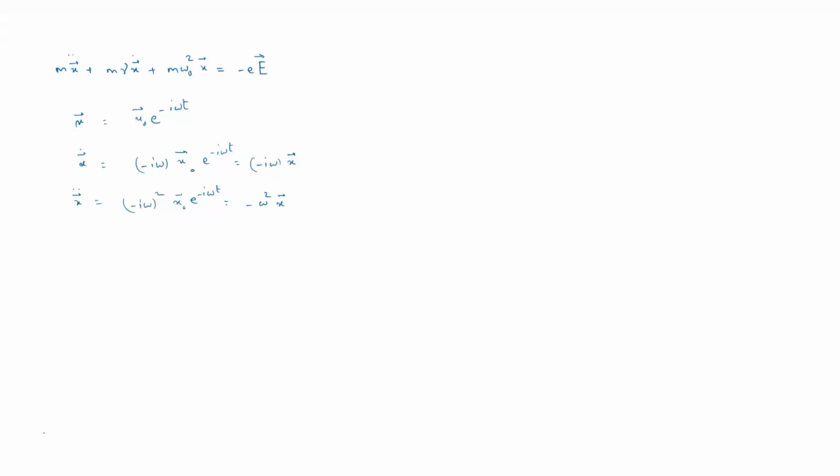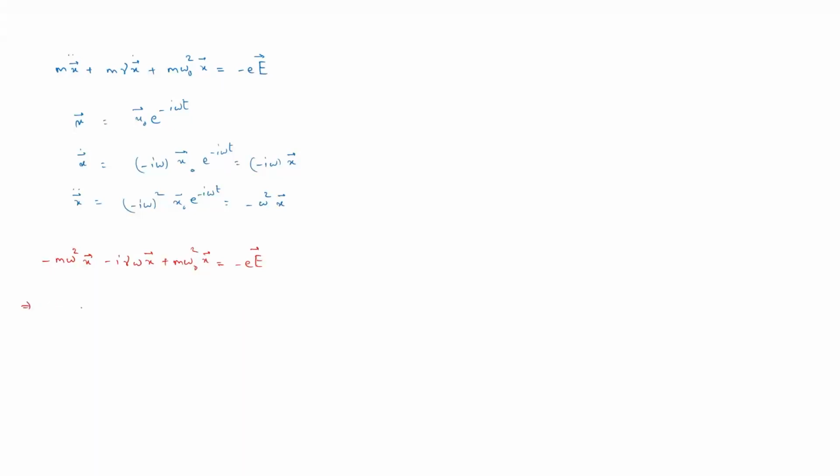Now this will lead to what? Minus m omega square x minus i gamma omega x plus m omega naught square x is equal to minus e E.